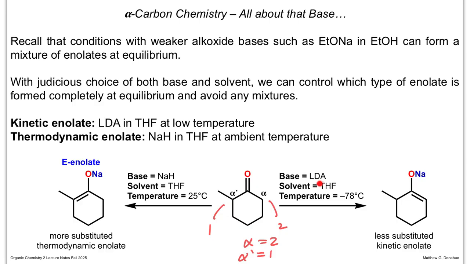So LDA is more about the speed, the rate. What does it see more of? 2 versus 1. It sees the 2. So that generates the least substituted enolate. So from a compound that has 2 different alpha carbons, by choosing the base appropriately, we can select where the reaction is going to happen.